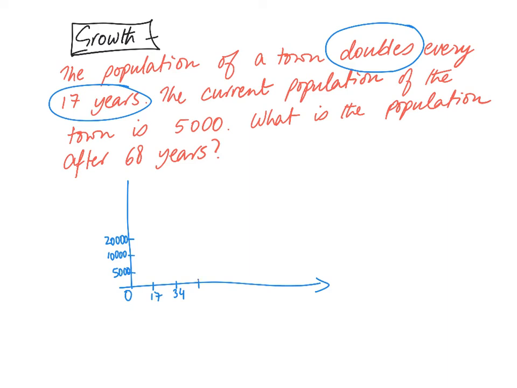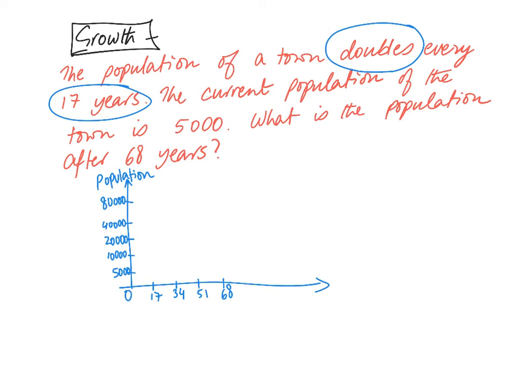And then after 51 years, it's double of that, which will become 40,000. And then finally at 68 years, it's at 80,000. So this is another question that you might come across, right? So let's plug in these.